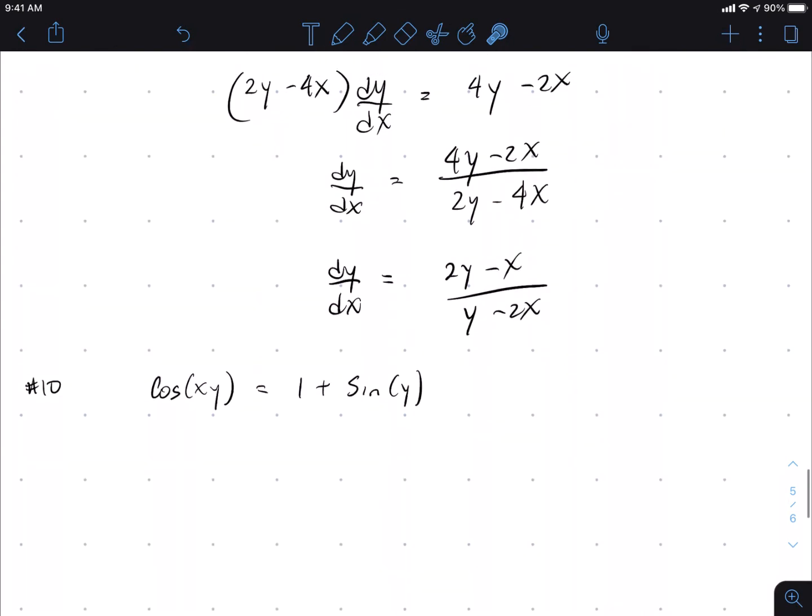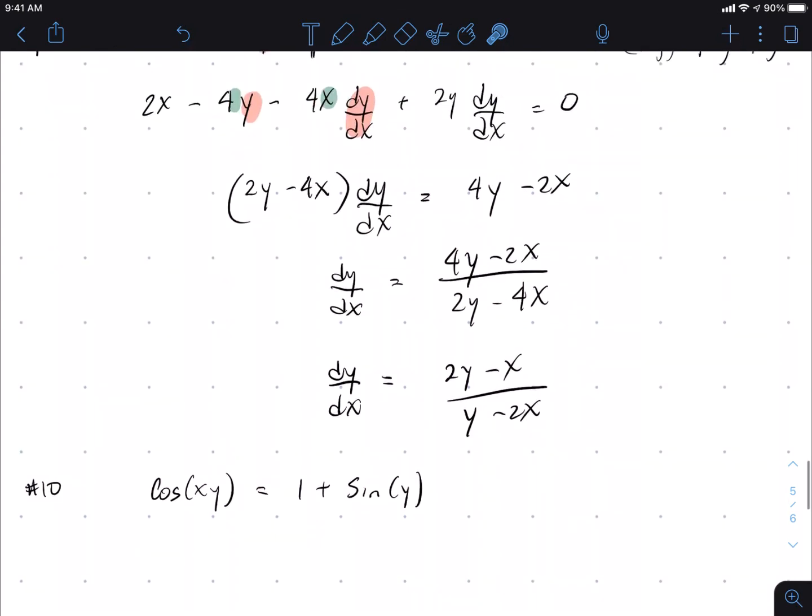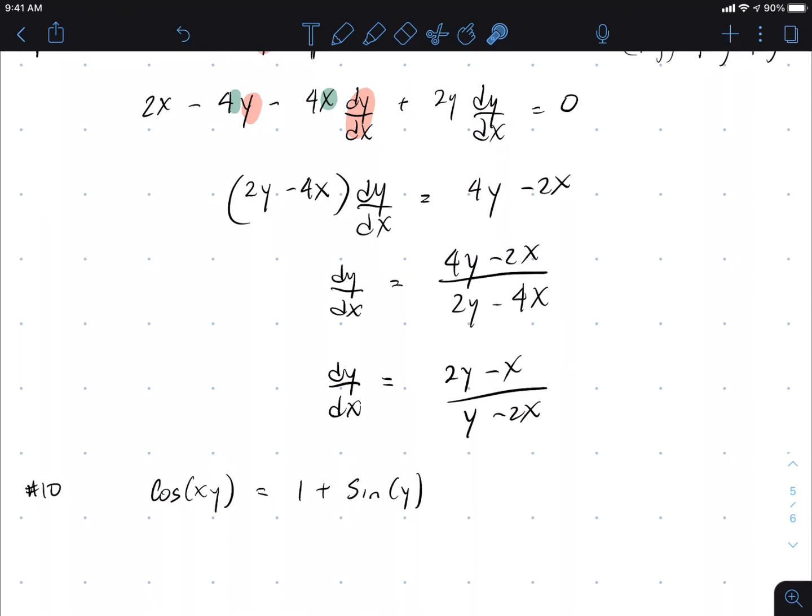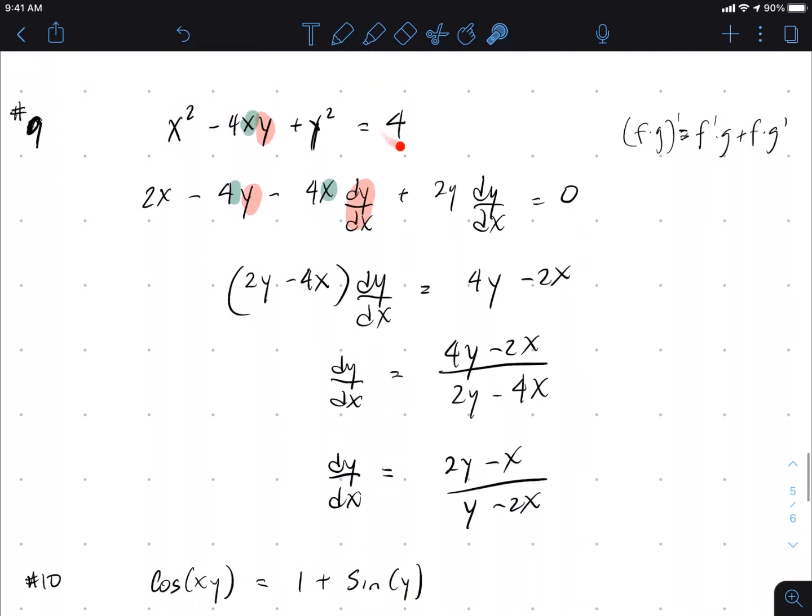Professor, so the 4 was moved to the other side? Yeah, it's just a constant, right? The 4y, these two got moved to the other side because they didn't have dy dx. Oh no, I get that part, but at the very start, the 4, you know how you did equal to 0? Oh, here? Yeah. Okay, what's the derivative of a constant? 0.